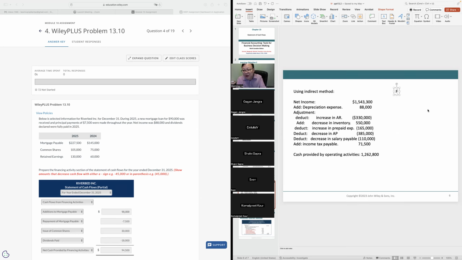So we need to prepare a financing activity section for the statement of cash flow. So we have to first write financing activities. Okay. So now let's see, a new mortgage loan of 90,000 was received, and the principal payment of 7,500 was made.